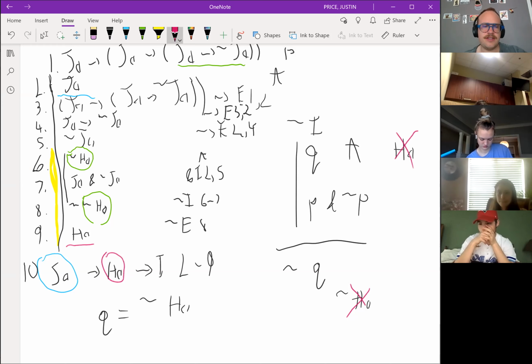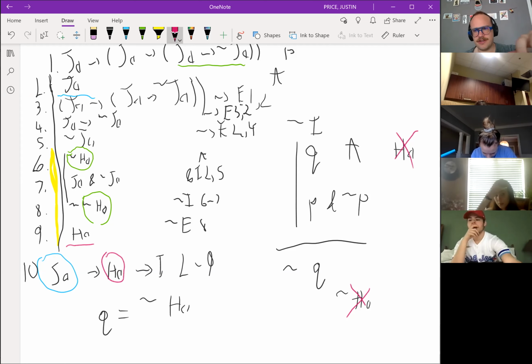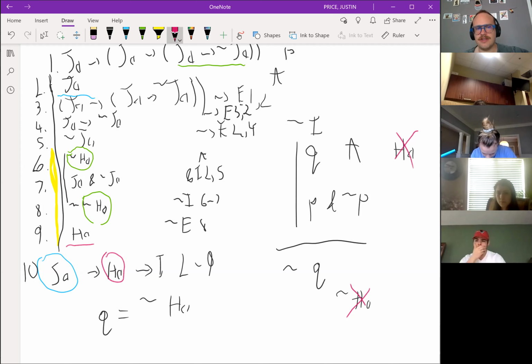Because HA doesn't exist anywhere in the premises or the assumption. So it's nowhere near the top of this. So we need some way of introducing HA into the derivation. And the only way to do that with our rules of inference is negation introduction.